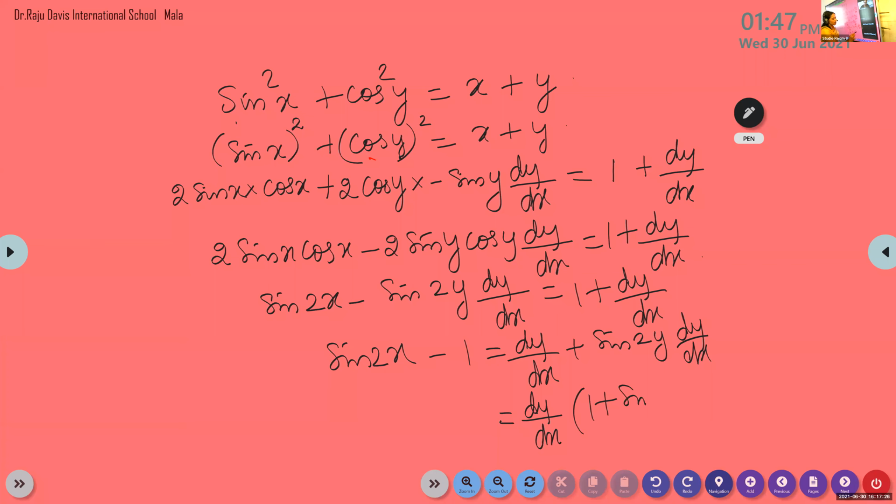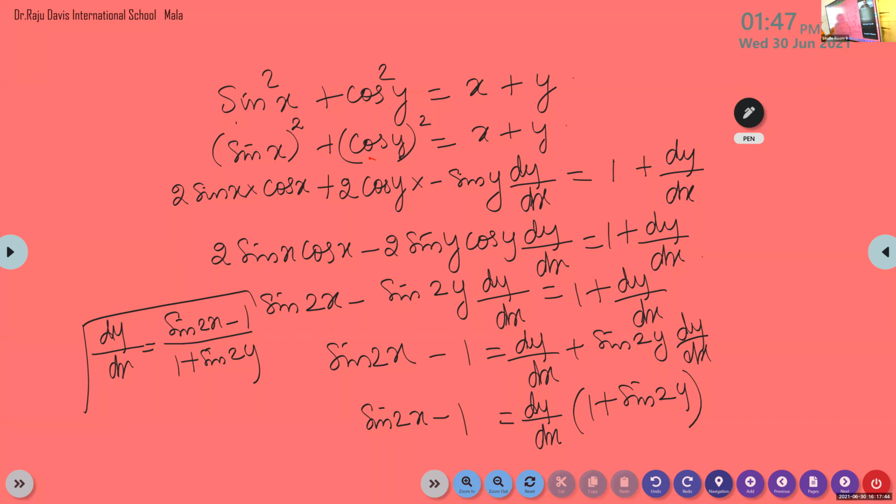So, we get 1 plus sin 2y is sin 2x minus 1. Therefore, what is dy by dx? dy by dx is sin 2x minus 1 by 1 plus sin 2y. This is the answer.